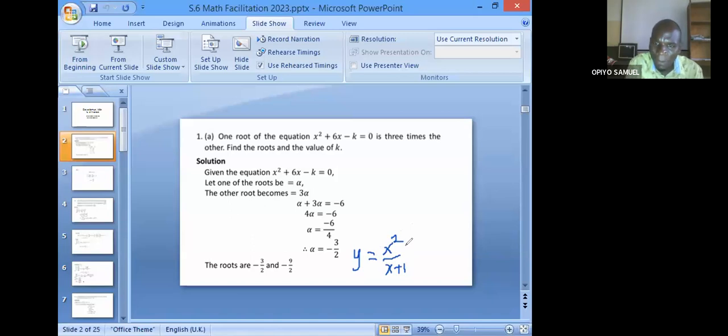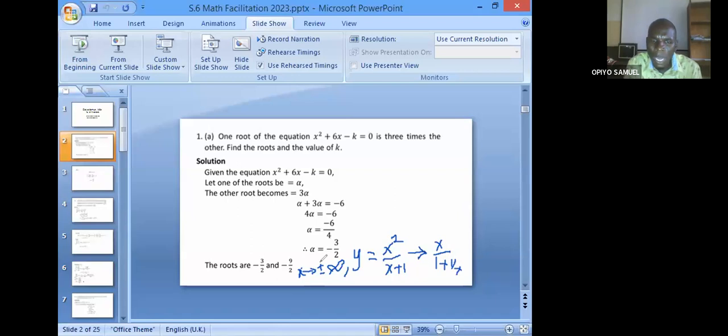So for this case, you can see when we divide all through by x, as x tends to plus or minus infinity, y will tend to, if we divide this by x, we remain with x, while down here we shall have x plus 1 over x.